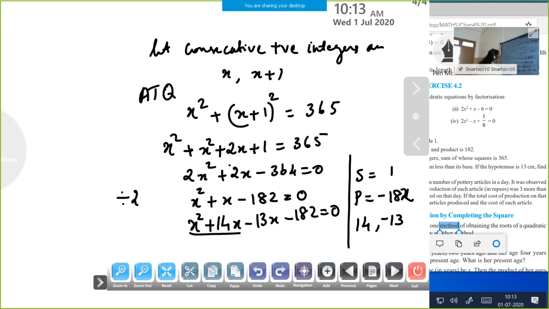Then take the common x: x into x plus 14. Here minus 13 common, x plus 14. Right. That is x into x plus 14 and minus 13 into x plus 14 is equal to 0.